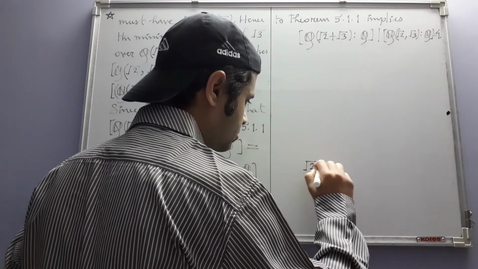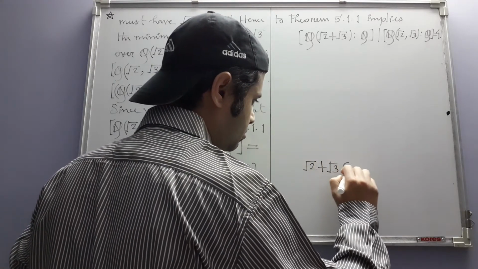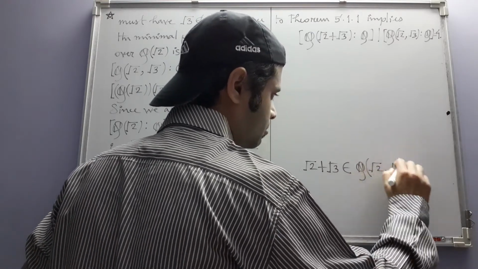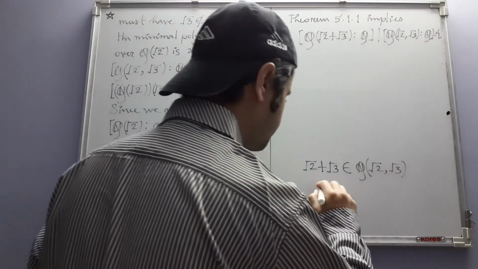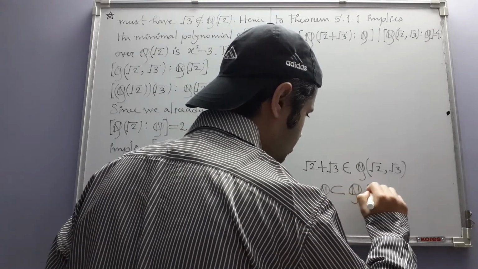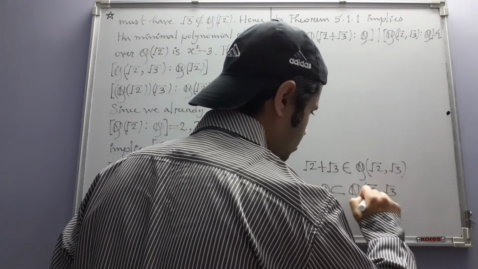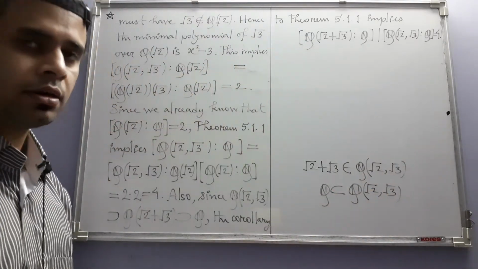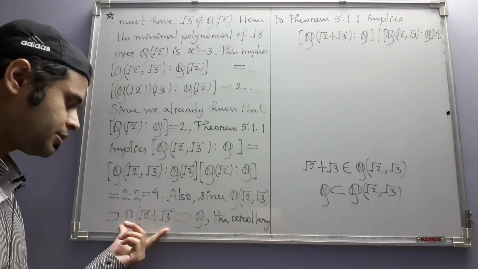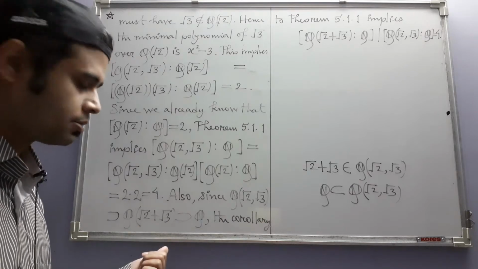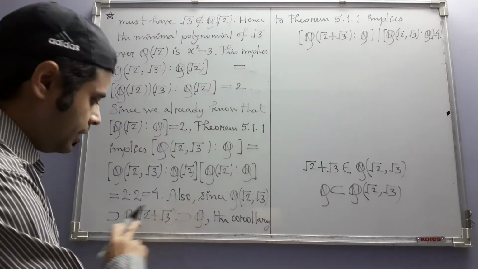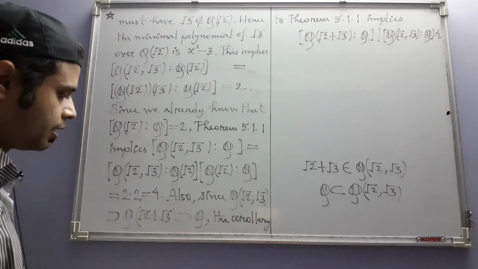So it also contains √2 plus √3, and definitely it contains Q as a subset. So this becomes a subfield of R that contains both Q and √2 plus √3, and this is the smallest subfield of R containing both. So that's how we are getting the first inclusion. Okay, so the inclusions are clear, and the second one of course is clear.